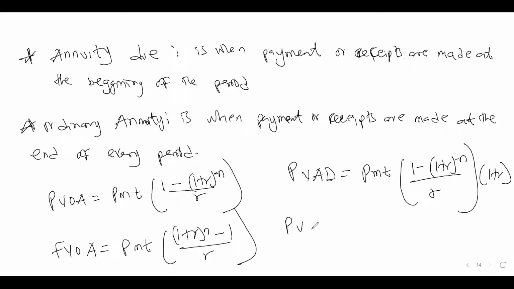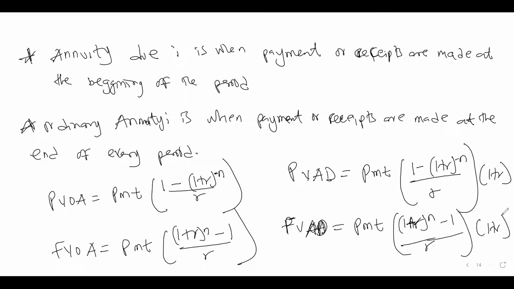And the future value of annuity due is payment into bracket 1 plus r raised to the power n minus 1, all over r, times 1 plus r.